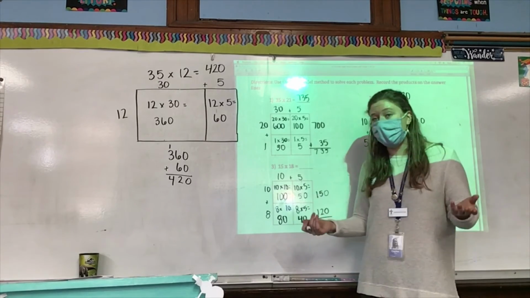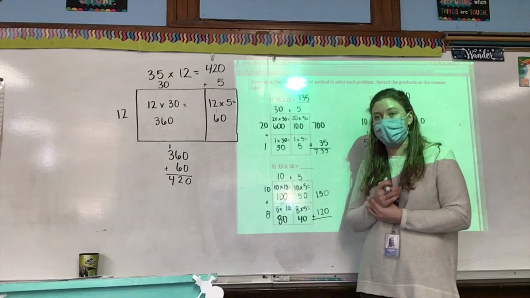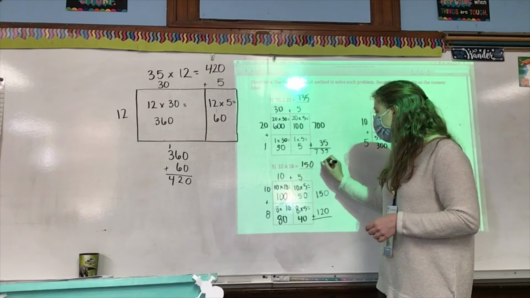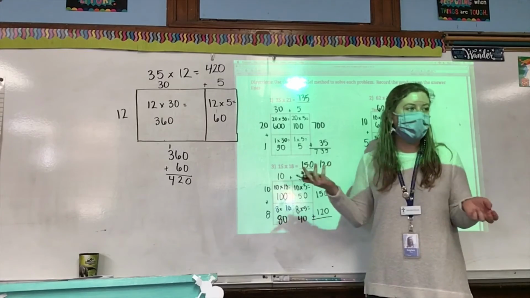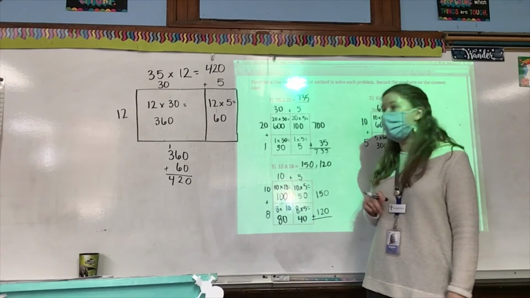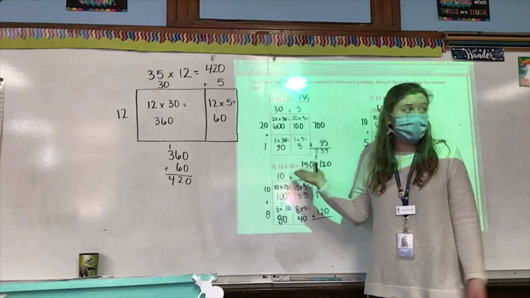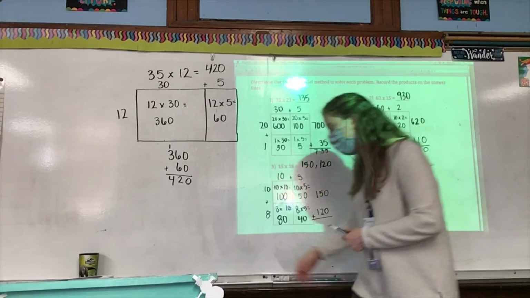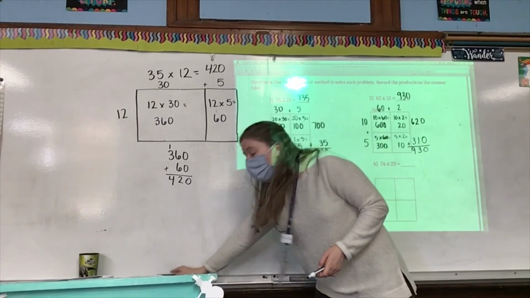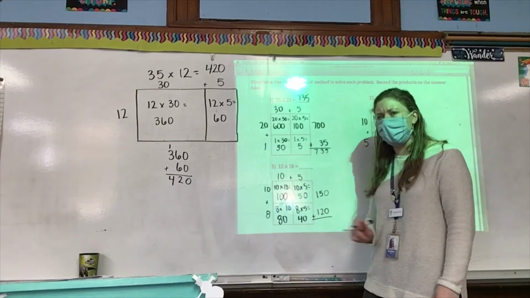Can I leave my answer as 150 and 120? No, I can't write this. That's not an answer. And somebody might think you're saying 150,120. And is that correct at all? No, not even close. So, we have to do step 3, which is to do what? What do we have to do with these partial products, Ethan?